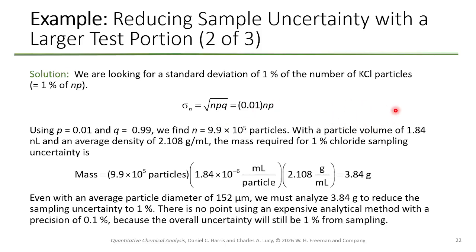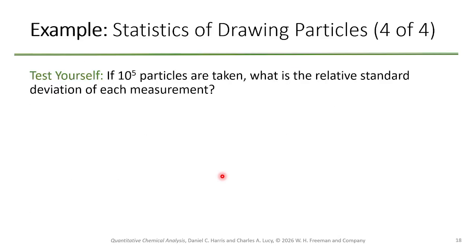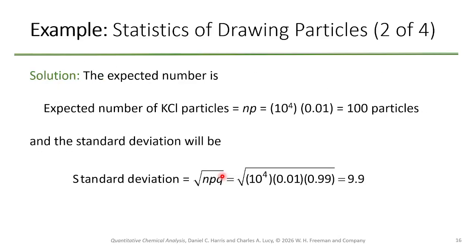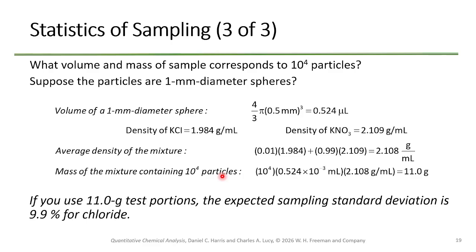The particle volume is 1.84 nanoliters, with an average density of the value that we calculated in the previous problem. So the mass required for a 1% chloride sample uncertainty is the number of particles, 9.9 times 10 to the 5th particles, which is what we got from here, multiplied by the milliliters each particle takes up, which was the previous problem's answer.